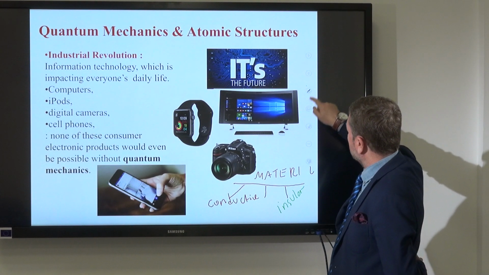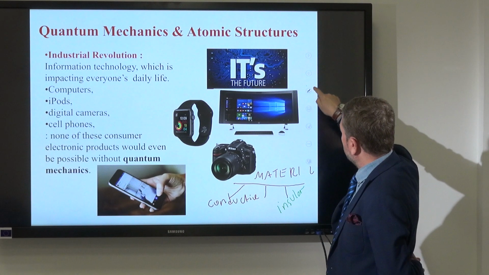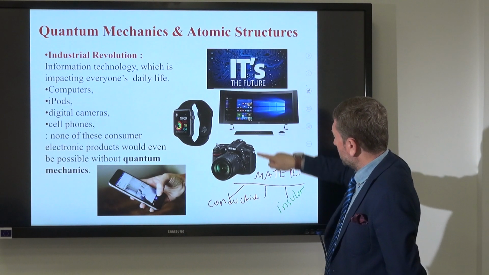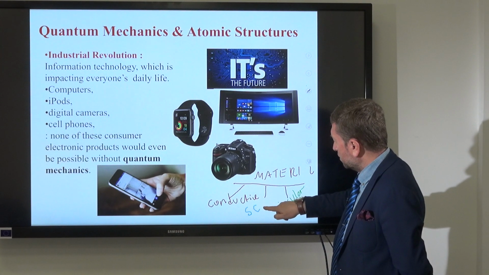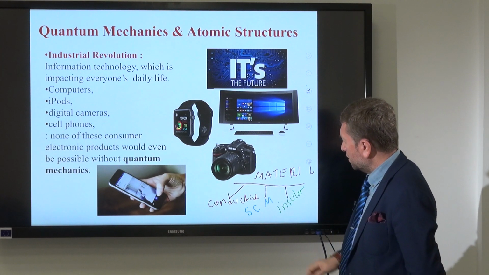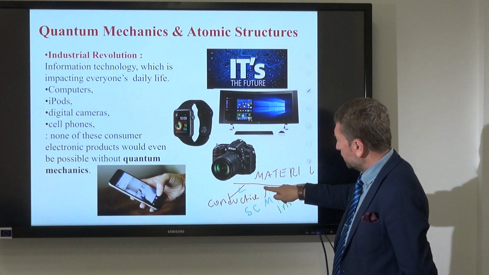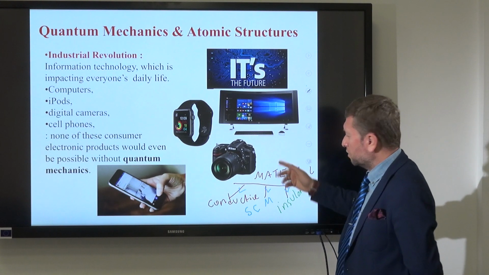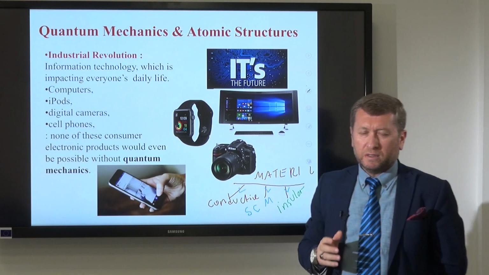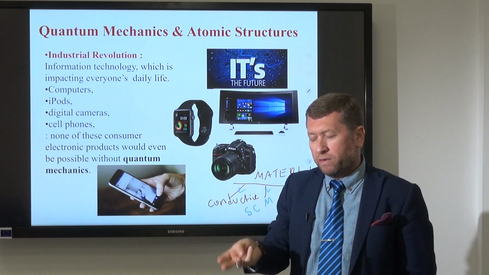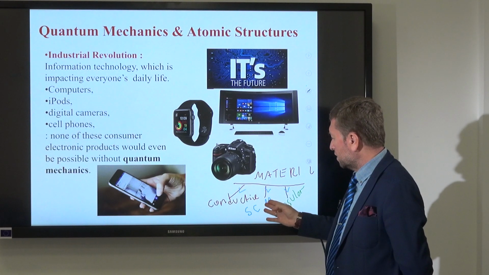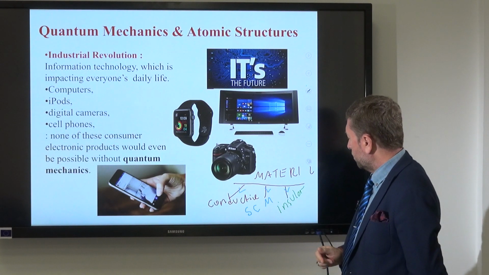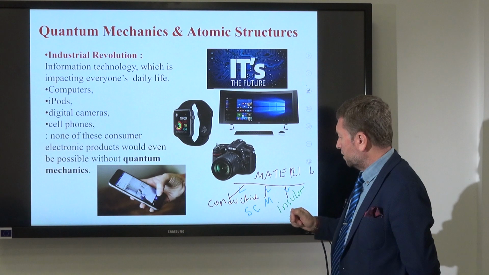And the other one is semiconductor materials. So as you can see here, materials according to their electrical properties could be divided into three groups: conductive materials, semiconductor materials, and insulators.